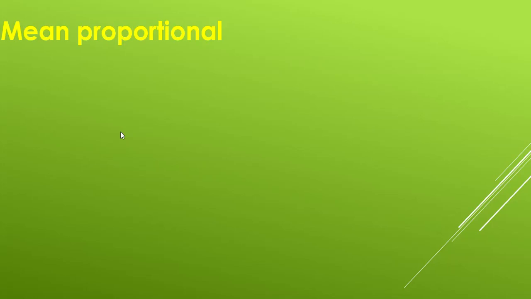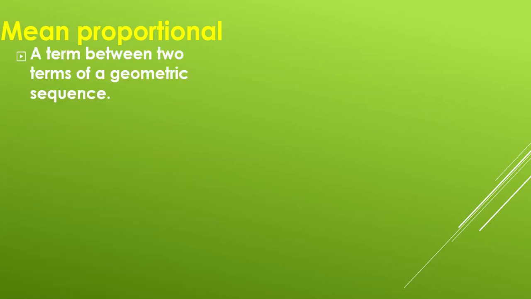Okay. Now let's go to mean proportional. When we say mean proportional, a term between two terms of a geometric sequence, meaning we only insert a geometric mean. Isa lang siya. Okay, there is a shortcut. You can still use the formula in getting the common ratio, then multiply that to the first term to get the second term.